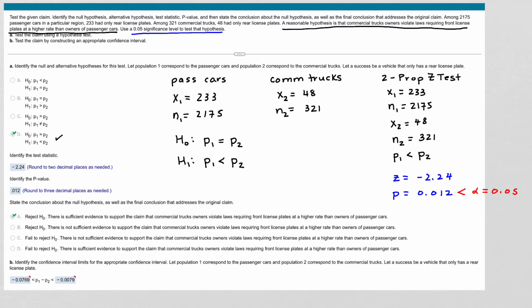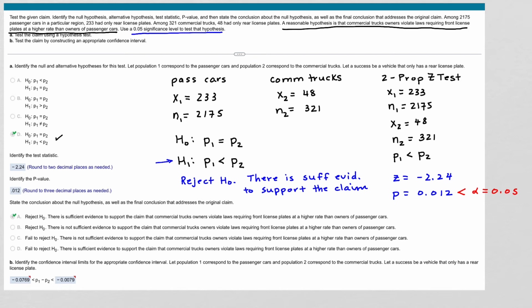When you reject the null hypothesis in this particular case, then we want to say there is sufficient evidence to support the claim, because our claim was the alternative hypothesis.